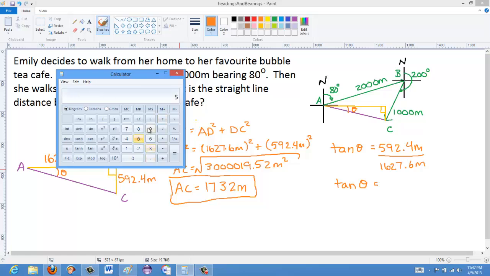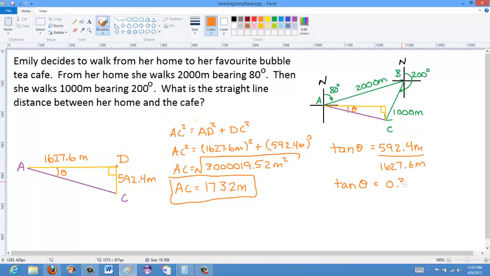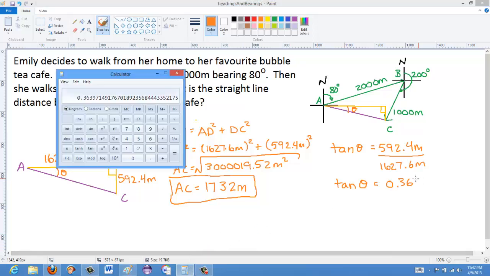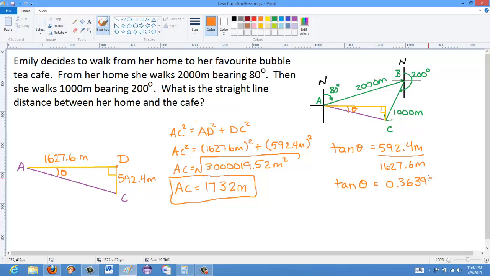So tan theta is equal to 592.4 divided by 1,627.6, which is 0.36397.